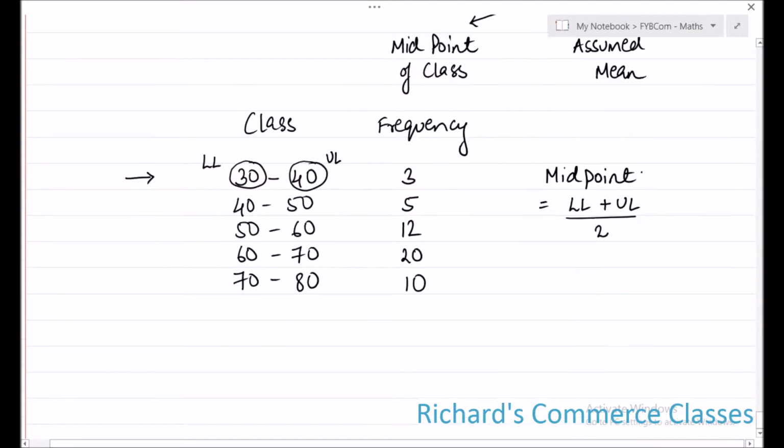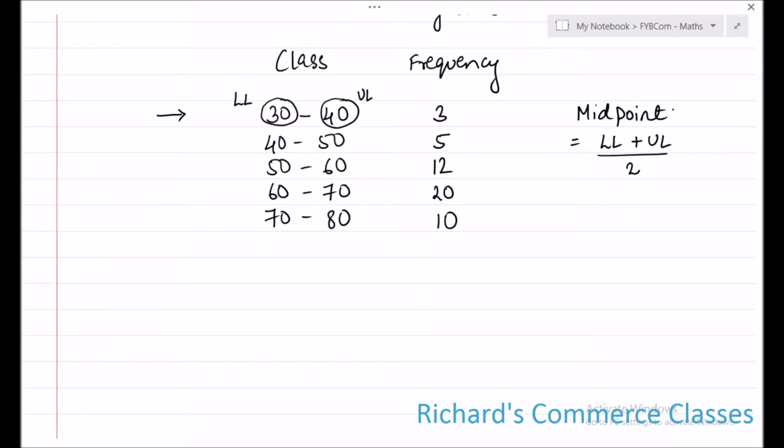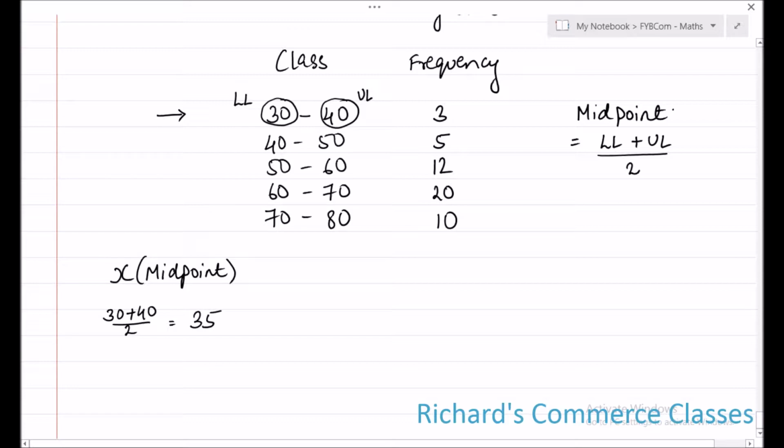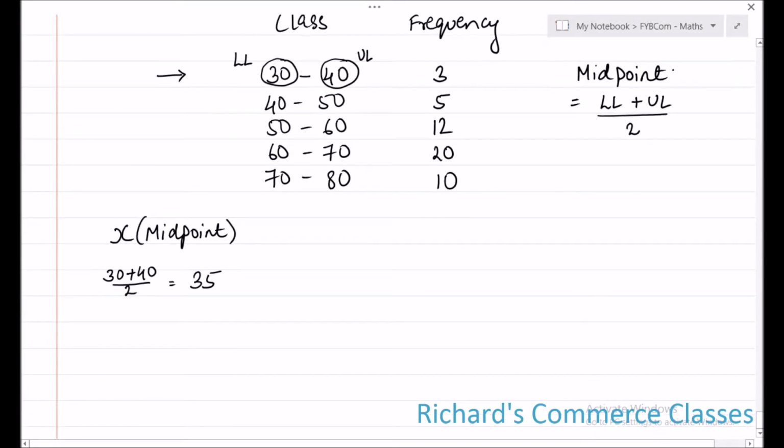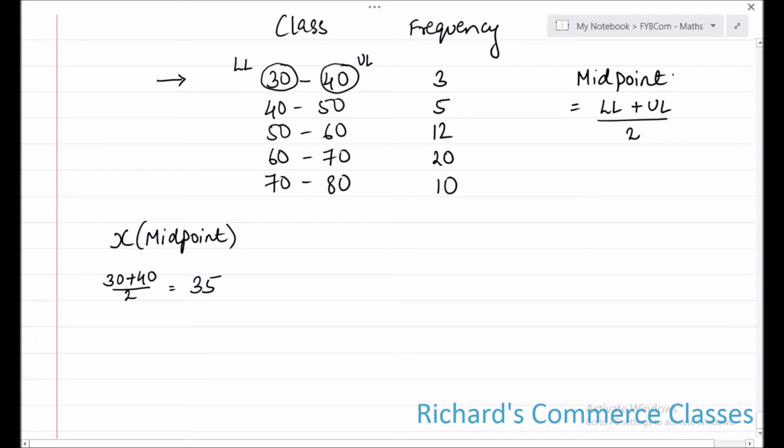So while preparing our solution now, we will start by the first column, and that is our x column, which is nothing but midpoint. Now midpoint for the class 30 to 40 will be calculated as 30 plus 40 divided by 2, which is equal to 35. The next one will be calculated as 40 plus 50 divided by 2, and the answer is 45.